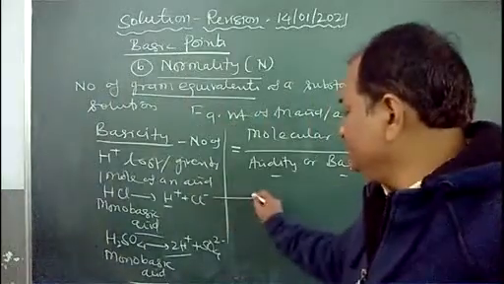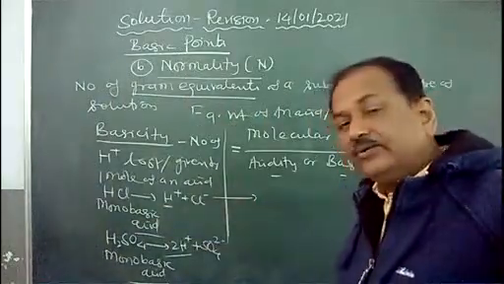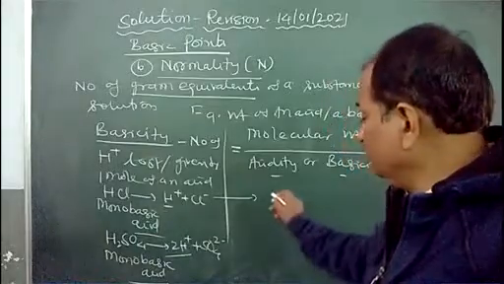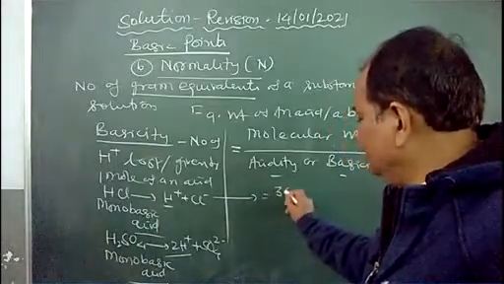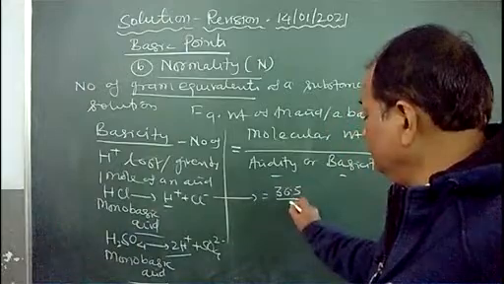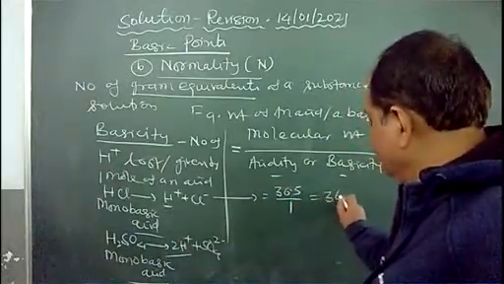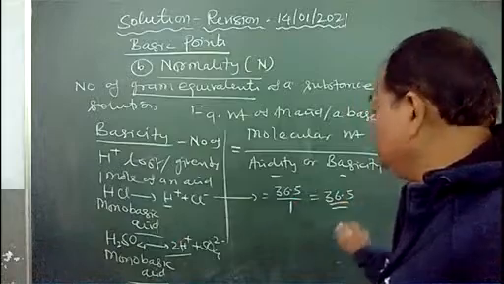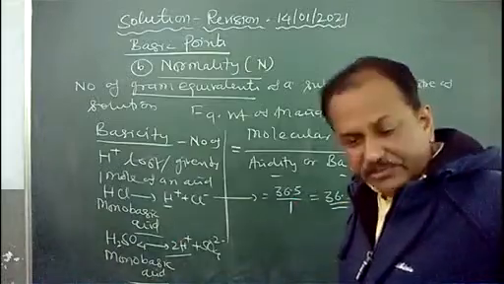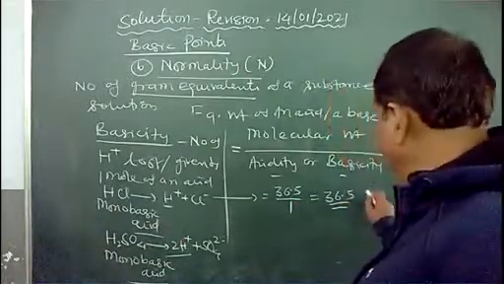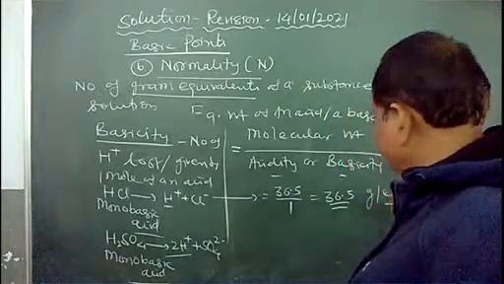In the case of HCl, hydrogen 1, chlorine 35.5, so it will be 36.5 upon 1. It is 1 here, so it will be the same, 36.5. The unit will be gram per equivalent.